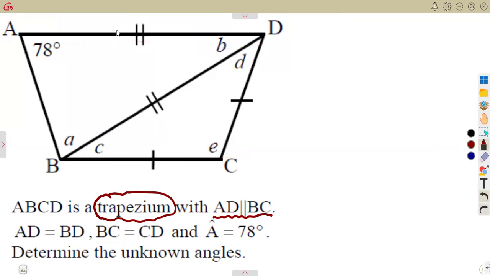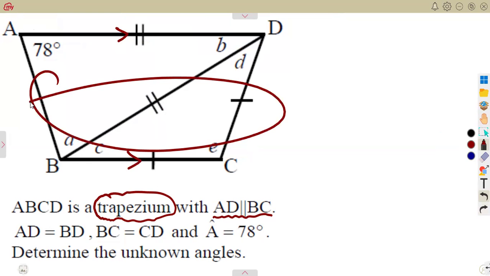These other ones are not parallel. These are the properties of a trapezium that you need to know. You need to know the properties of the shape that you are given. What is it about that shape?